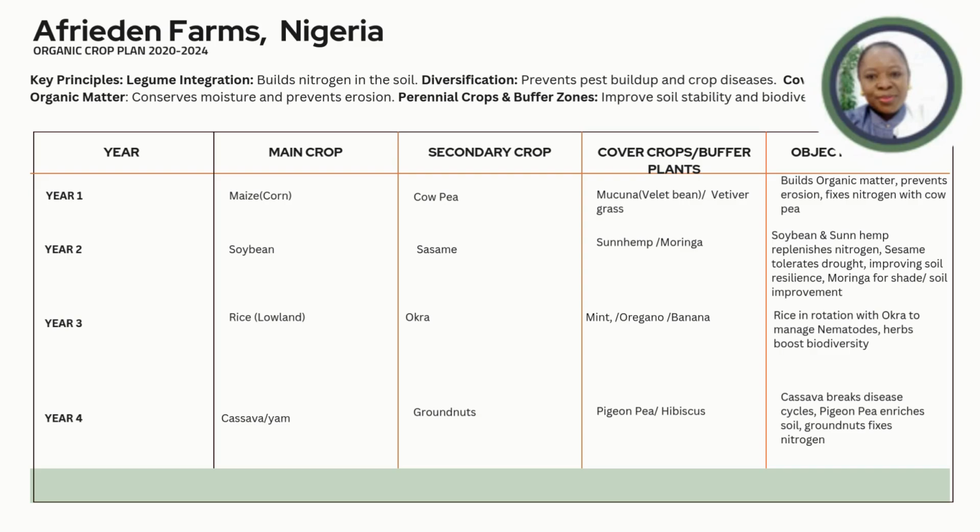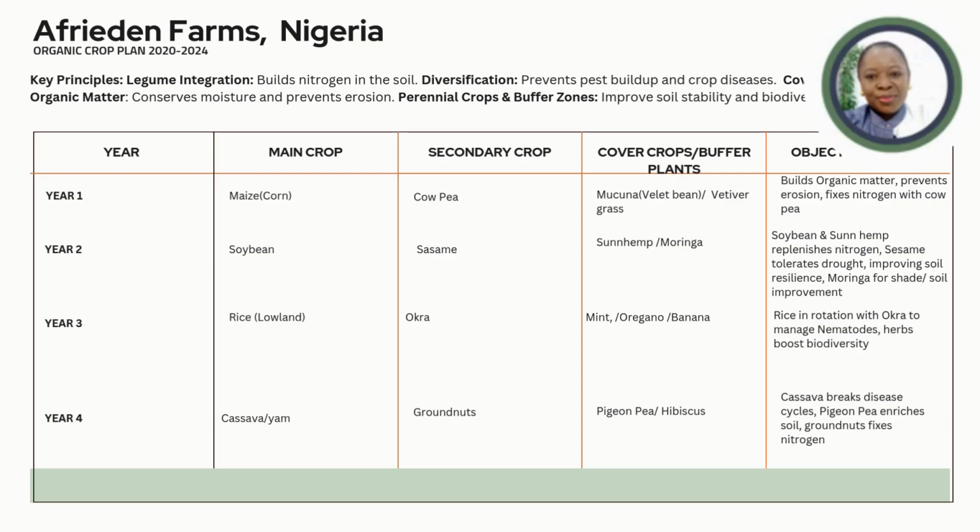Then we have diversification to prevent pest buildup and crop disease. Then we'll integrate cover crops and organic matter to conserve soil moisture and prevent erosion. And lastly, perennial crops around the buffer zones to improve soil stability and biodiversity.